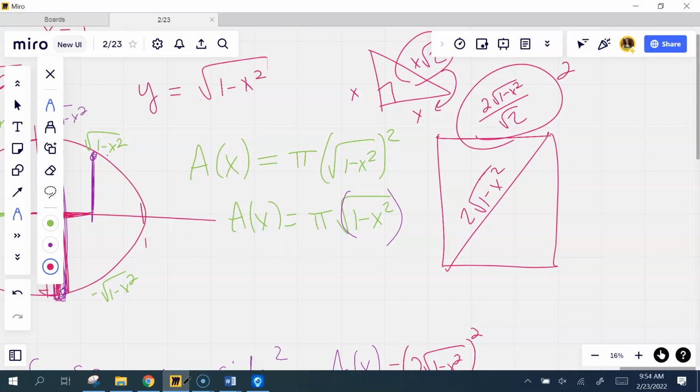So if this is my square, this diagonal is sitting in between. That circle is cutting this right in the middle. This length is the length of the radius, or the diameter, we were using before. Whenever the square was sitting like this, the equation itself gave me the length.